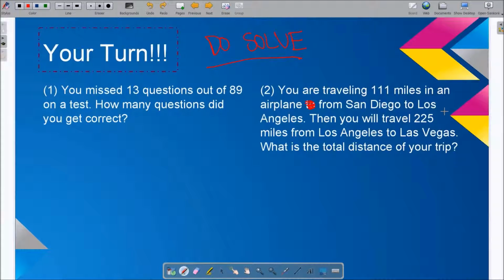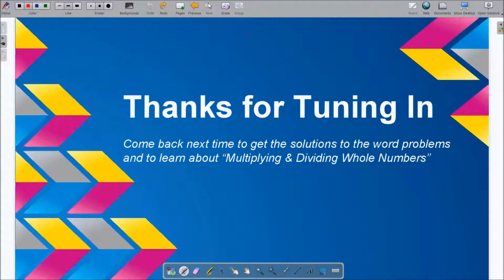Then you will travel 225 miles from Los Angeles to Las Vegas. What is the total distance of your trip? Again, figure out the math, set up the math, solve the math. Make sure you are labeling your answers, and make sure when you're writing out your problems that you are lining up your numbers correctly.